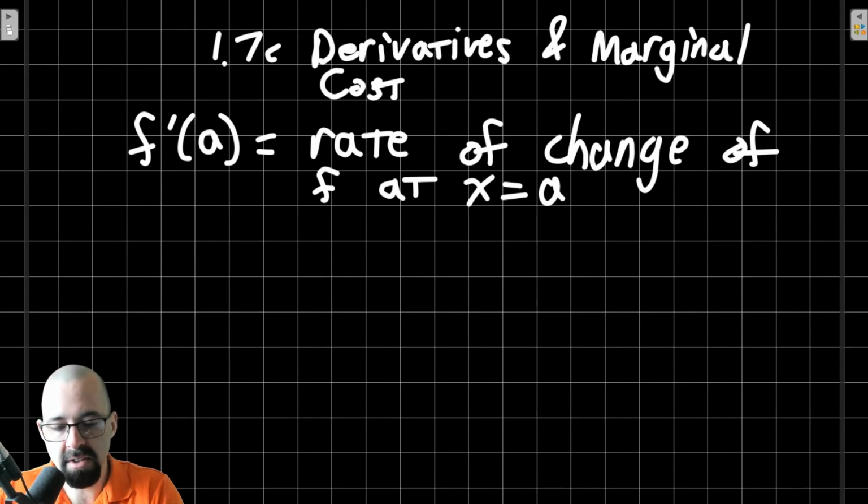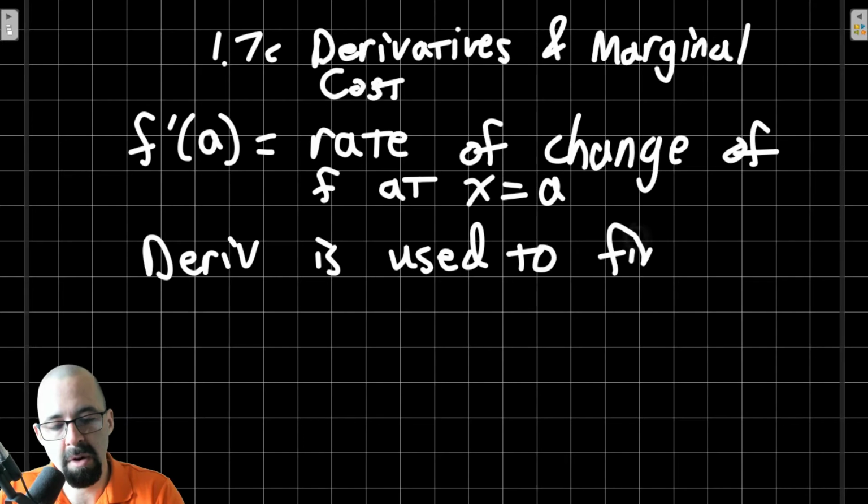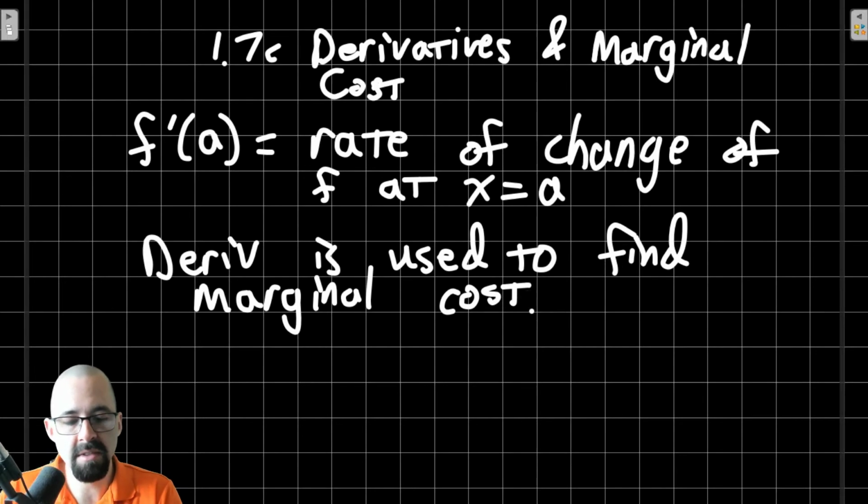So specifically, the derivative is used to find marginal cost. Marginal cost, remember, is just how much does it cost to make one more thing.